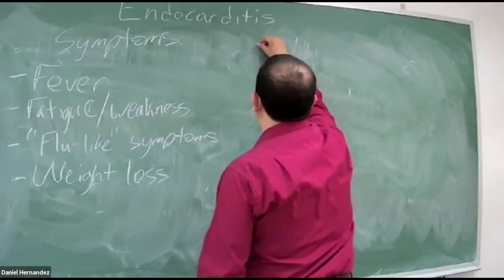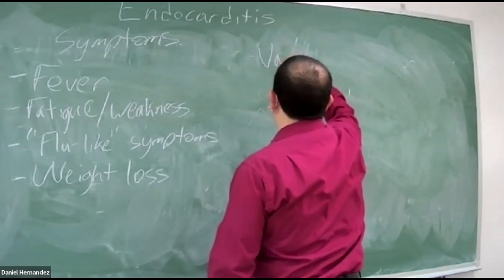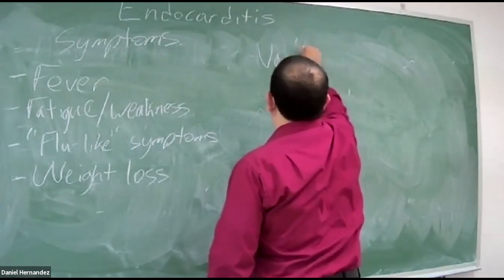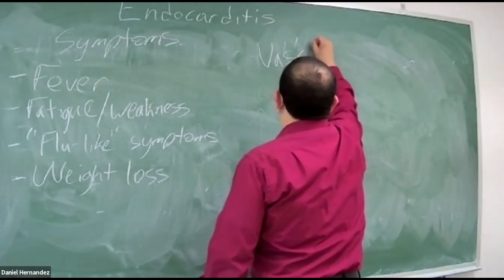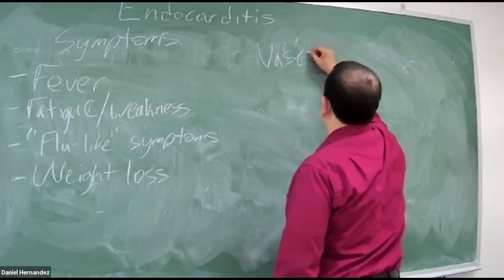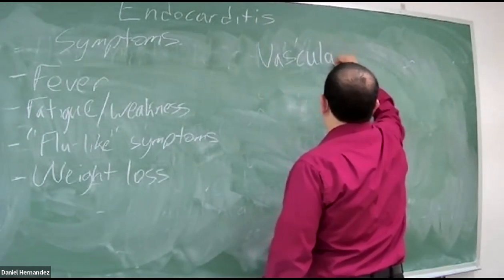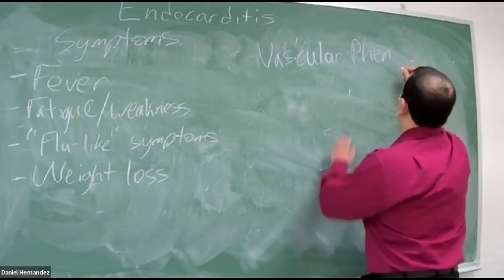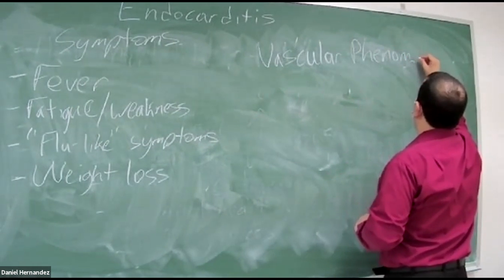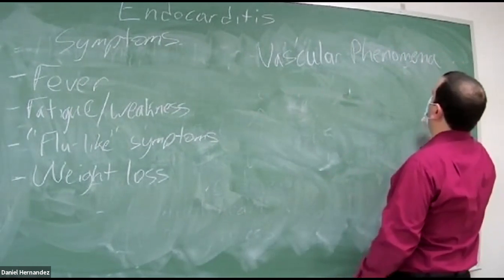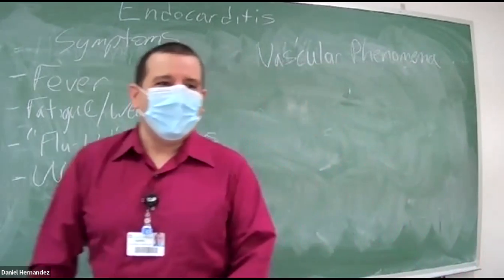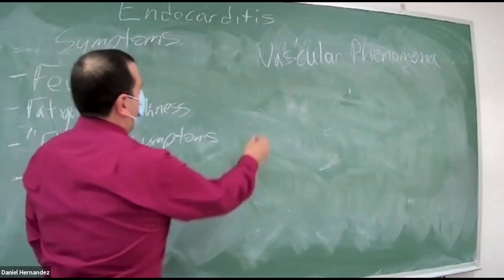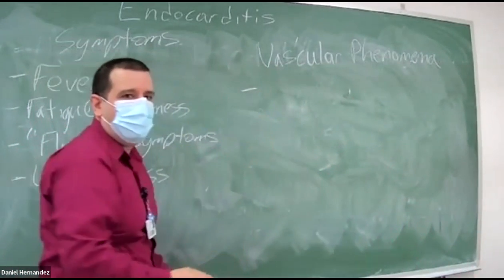So there may be some vascular phenomena which occur. So one of them is called petechia.